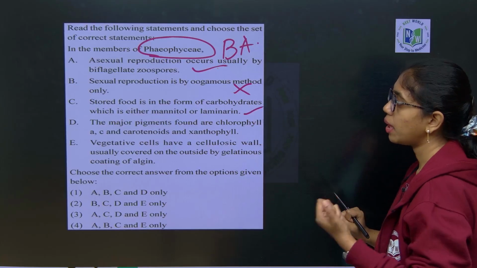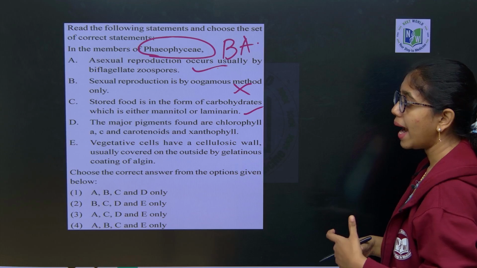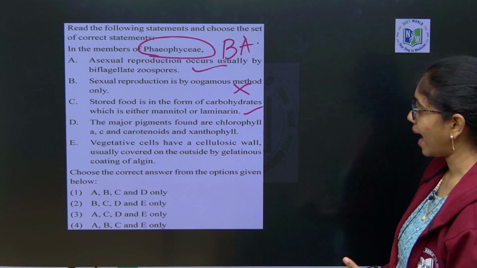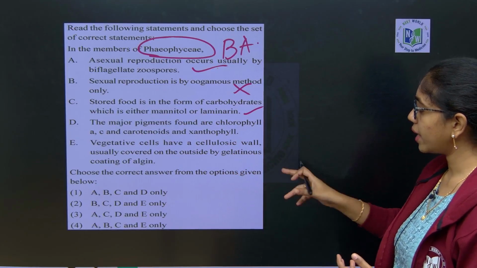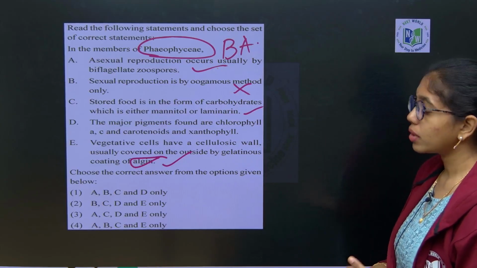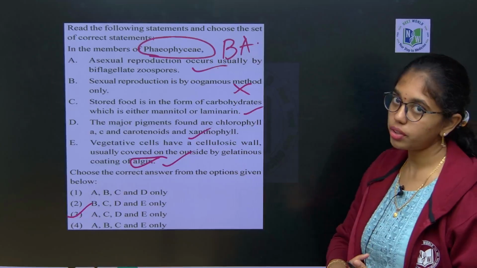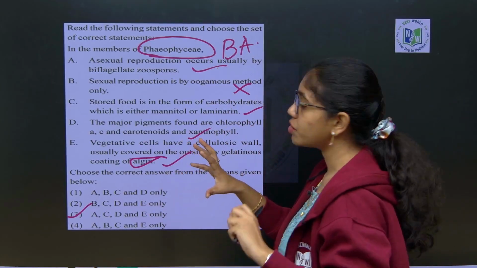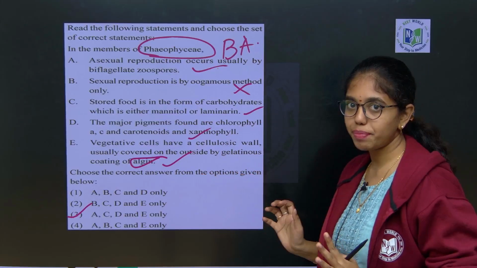True. Next, the major pigments are chlorophyll a, c, carotenoid, xanthophyll and fucoxanthin also, right. Next, vegetative cells have a cellulosic cell wall usually covered outside with a gelatinous coat, that is algin. Exactly true. So, the correct answer will be A, C, D and E, that is option 3. So, you have to remember that chart in the plant kingdom where it gives the complete features of Chlorophyceae, Phaeophyceae and Rhodophyceae. Keep that in your mind.